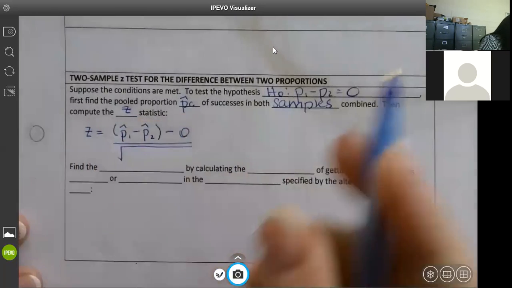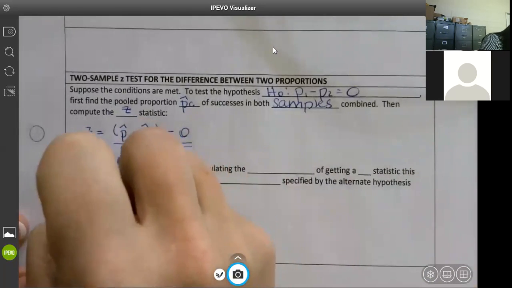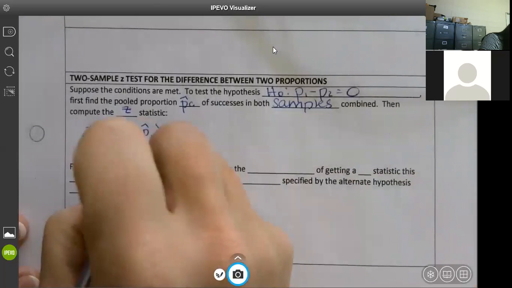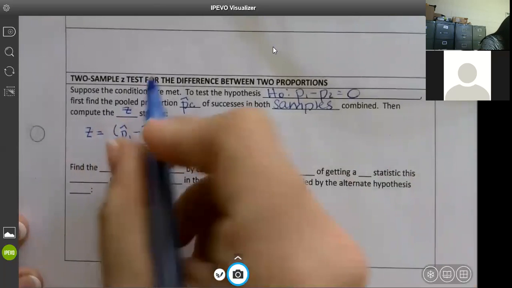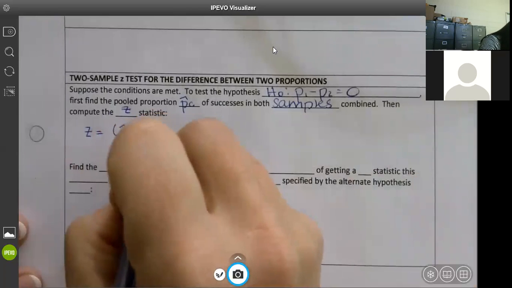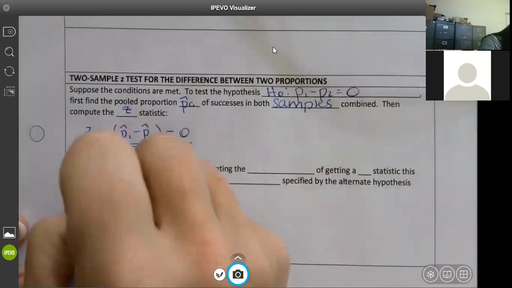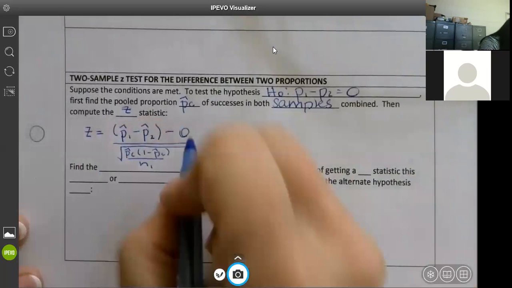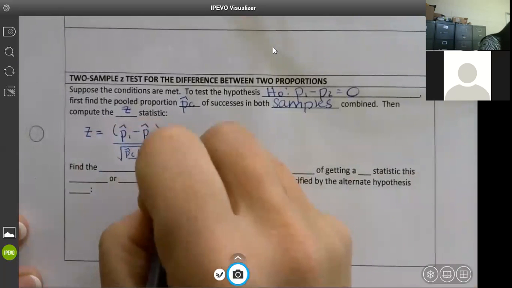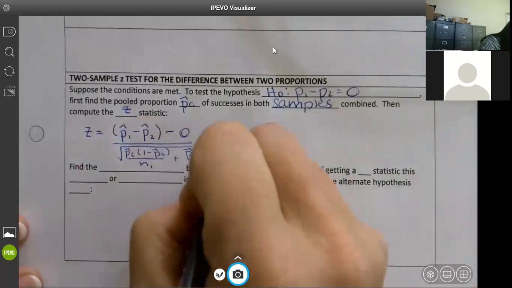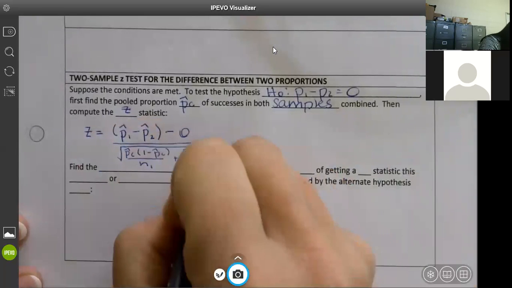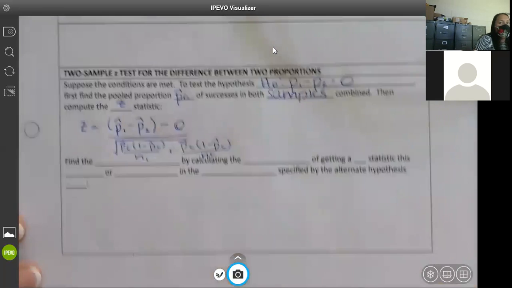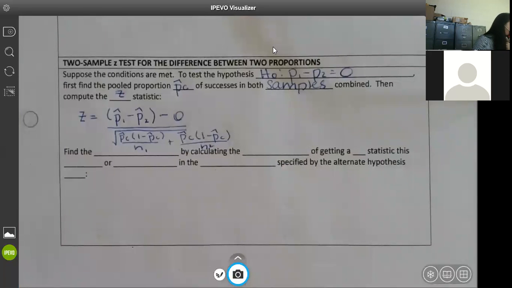And then underneath, we're going to squish this in. P hat combined times 1 minus P hat combined over N1 plus the same thing, P hat combined times 1 minus P hat combined over N2. So that's where you get this second sample in there. Sorry, I squished it up.